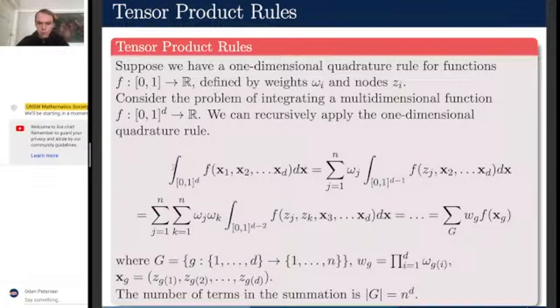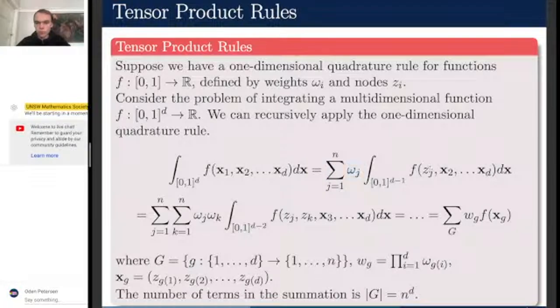The basic recurrence that's going on here is we have this integral in d dimensions, and we're going to take one of these dimensions and move from integrating over that dimension. We're going to approximate it by applying a quadrature rule along that dimension, and then pretend that we can integrate exactly along the other dimensions. So this should be approximately equals.